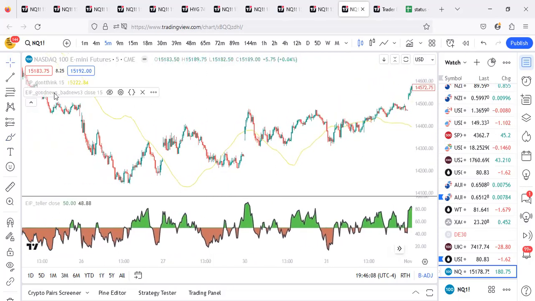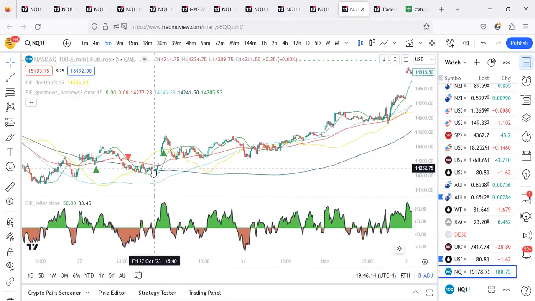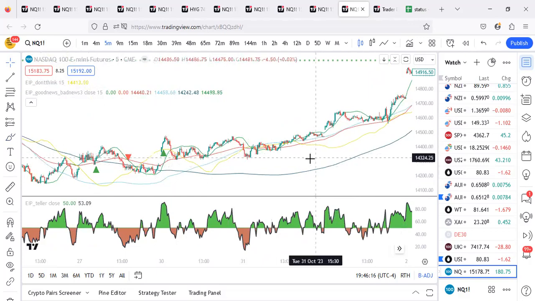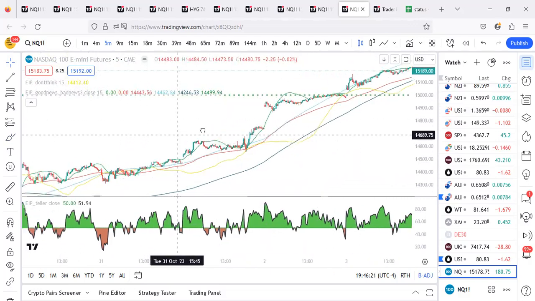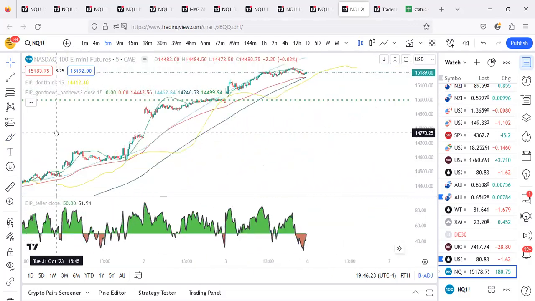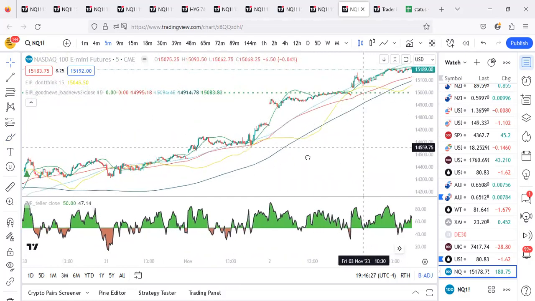Overall, for the bigger analysis, you have the good news, bad news indicator, and you knew that the dark blue was upside. As long as dark blue is on the upside, the trend is upside, and the price is also floating above the red.